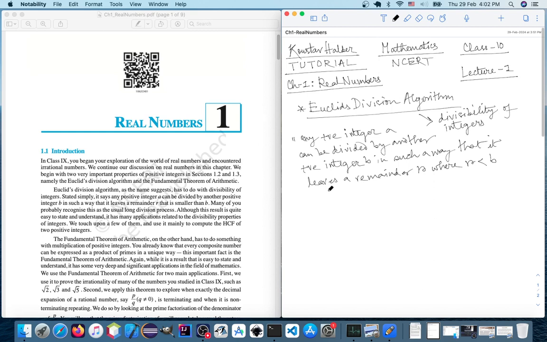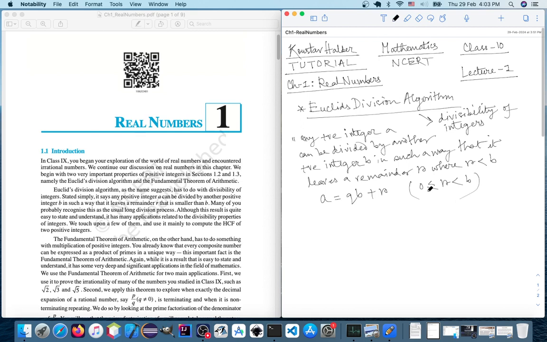Basically it says that a is equal to bq + r, where we are dividing a positive integer a by another positive integer b, and we are getting a quotient q, and the division process leaves the remainder r, where r is greater than or equal to 0 and less than b.